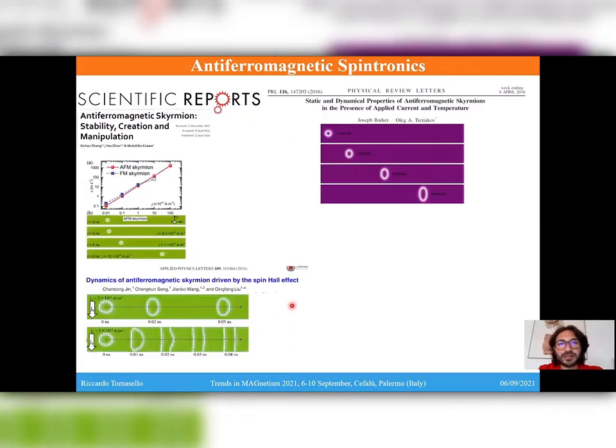The Skyrmion motion in antiferromagnets was proposed a few years ago, where we see that the velocity can again achieve the kilometer per second as in the case of synthetic antiferromagnets, and also that the Skyrmion Hall angle is suppressed.